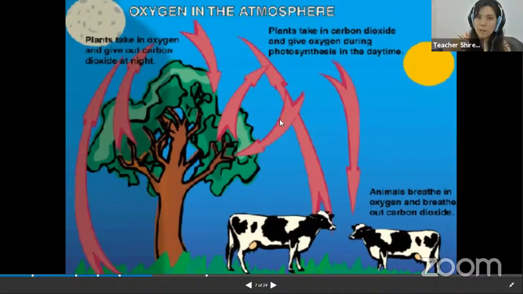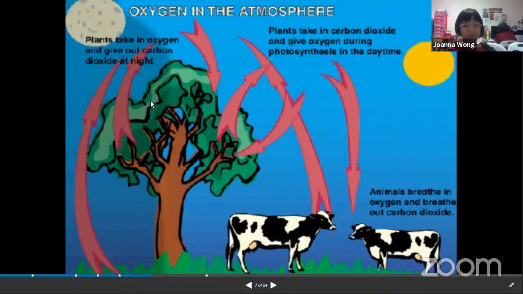The plants take in the carbon dioxide the cow gives out and give oxygen during photosynthesis in the daytime. At night, the plant will take in oxygen. In the morning, the plant takes in carbon dioxide and gives out oxygen, but at night it's the other way around: they take in oxygen and give out carbon dioxide. Got it?